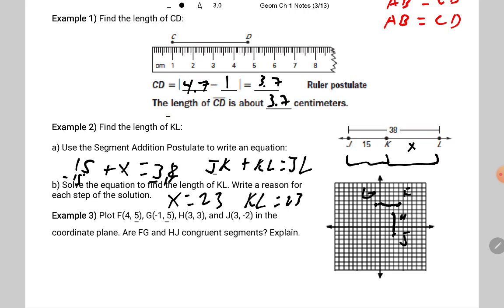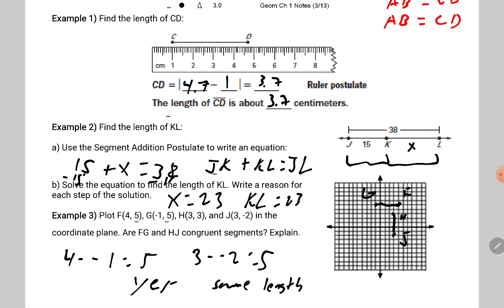So we need to find the length of FG, which is 4 minus negative 1, which is 5. Or you can just count on the plane here: 1, 2, 3, 4, 5. And then HJ, so 3 minus negative 2, it's also 5. So yes, they are the same length.